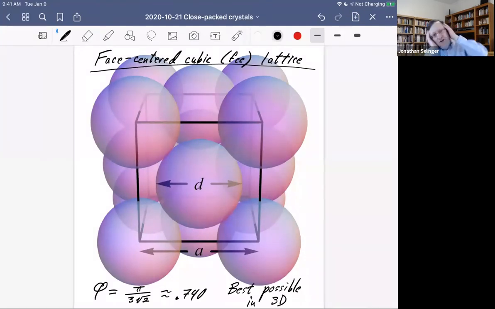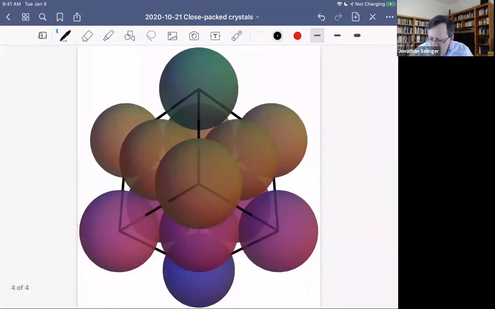Either we can turn our heads to look at the picture, or we can rotate the picture. So here is the rotated version, so that a corner of the cube is at the top and another corner is at the bottom. But this is still the FCC structure.